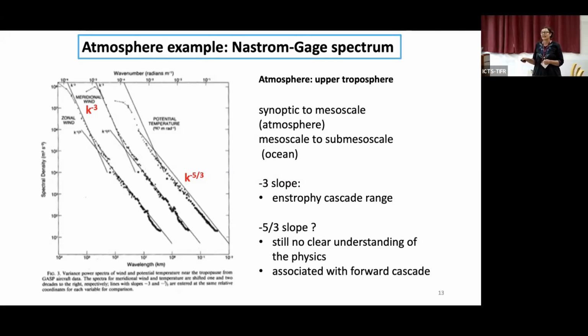As far as I see, there is still no clear understanding of which processes really produce this slope, but it is associated with the forward cascade and probably something like stratified turbulence. I'm going to talk about the ocean and this regime more in the second part of this talk.